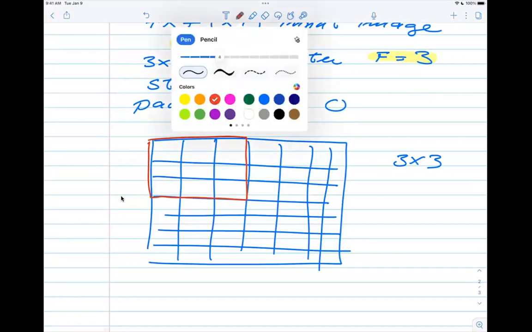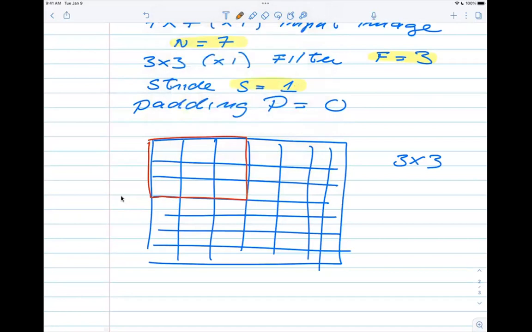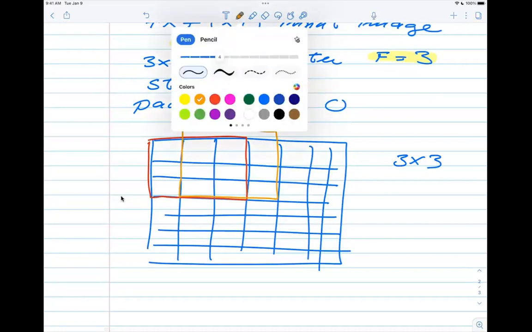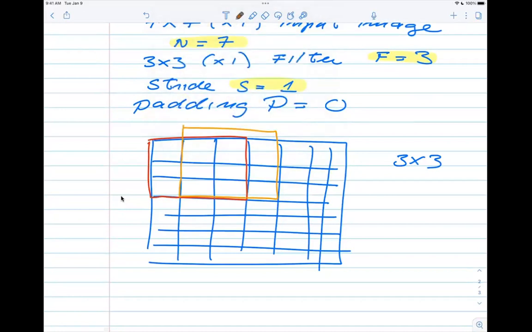And then the next block, since we have a stride equal to 1 here, it means that we just move one step along that specific set of columns which we have picked up. So the next block is going to be this one. And then the next one is going to be this block here.